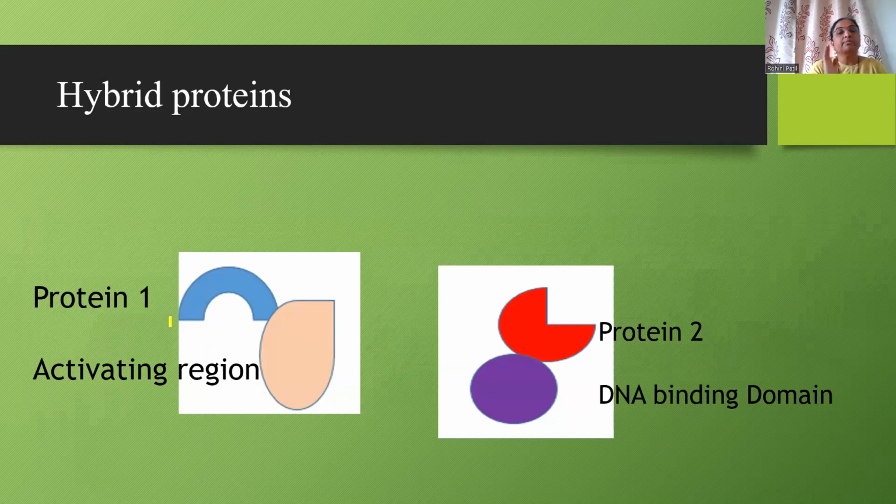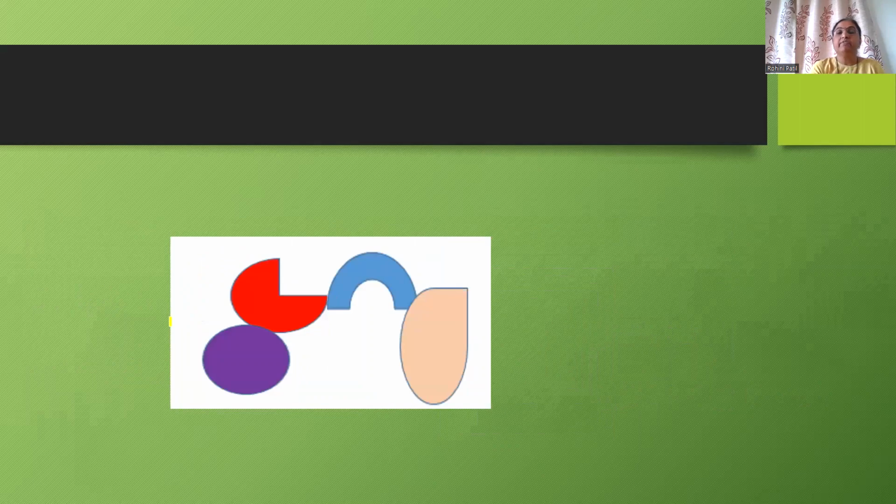If protein 1 and protein 2 interact with each other, like how the alpha peptide interacts with the omega, at that time there will be the complete activator. How? Here is the DNA binding domain, fused with protein 2, which is the bait.